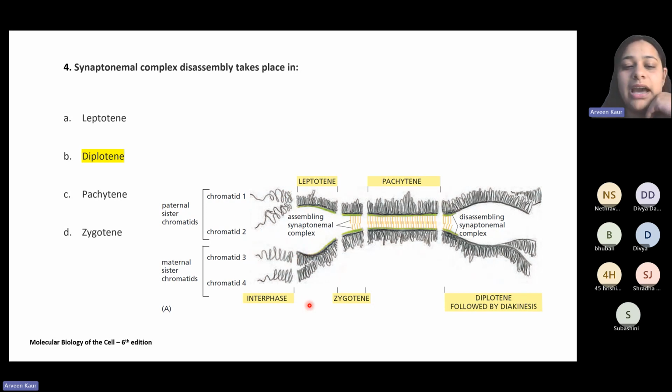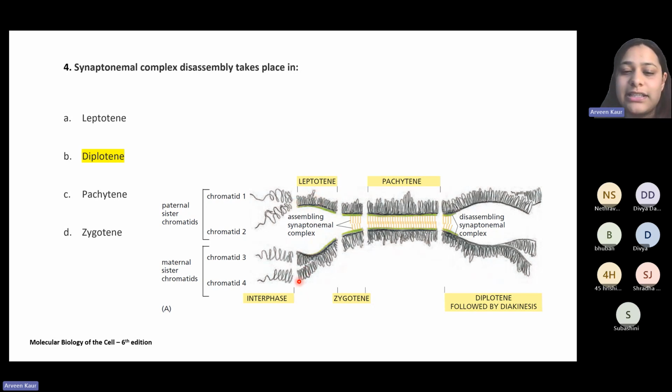But as the prophase begins, since the condensation will start occurring, after a while, in the first stage of prophase 1, that is leptotene, you will not be able to distinguish properly which one is chromatid 1 and which one is chromatid 2, right?